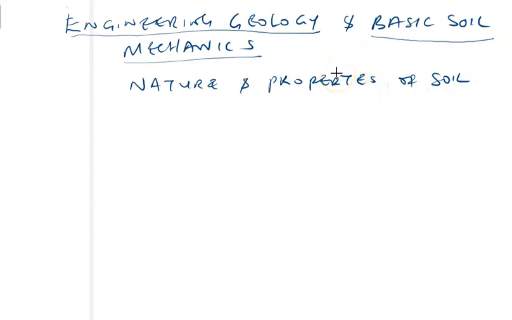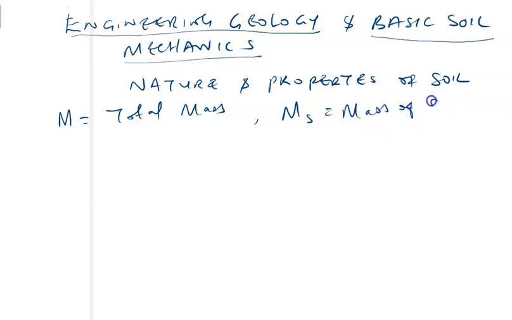So the first thing we have to look at is mass and volume related symbols. We need to define symbols such as M, where M is equal to total mass of the soil or sample. Here we have MS, the mass of solids, and by this we mean dry mass, that is excluding void.